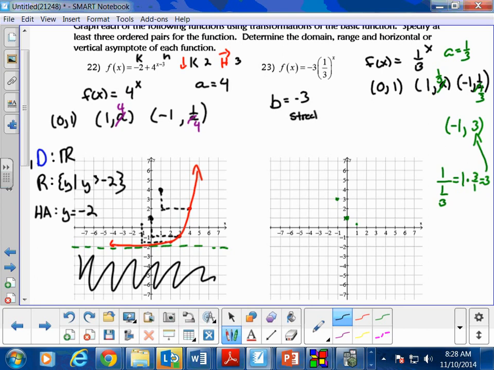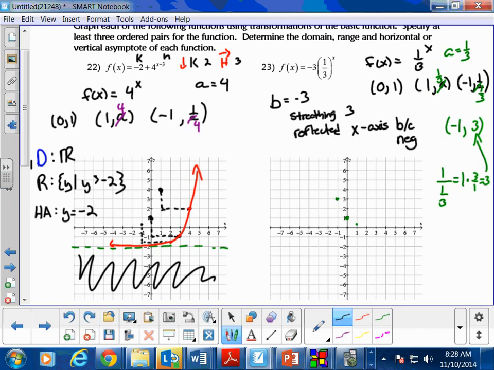In this case, this one's going to be stretched vertically by 3, and it's also going to be reflected over the x-axis because it's negative. So those two things are going to occur with this one.